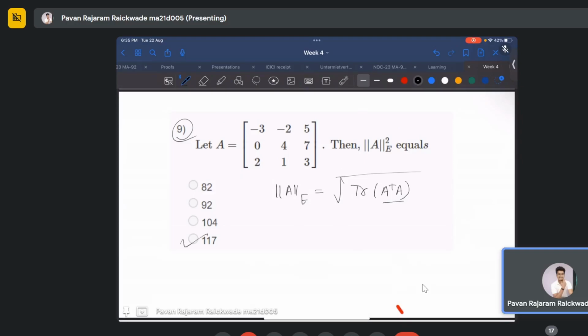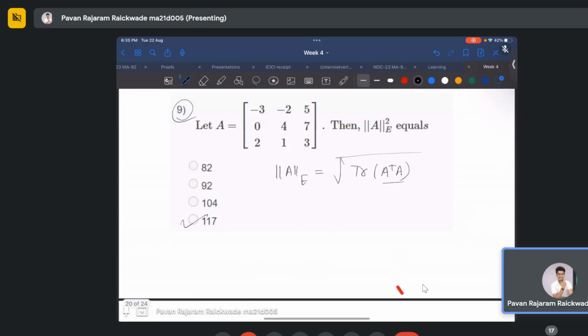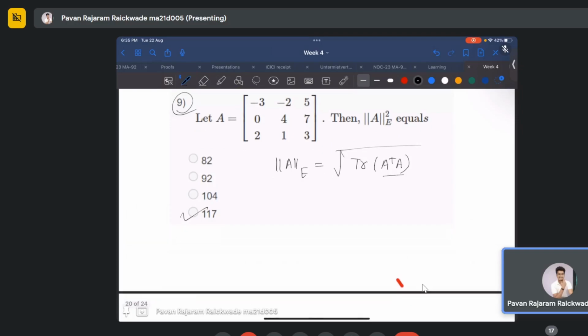The answer is 117. Thank you. This is another form, but I think sir also defined it in the same way, summation of a_ij squared over i and j. This is the way sir defined the norm, right? Norm A squared. Yes, sir. These two are the same.